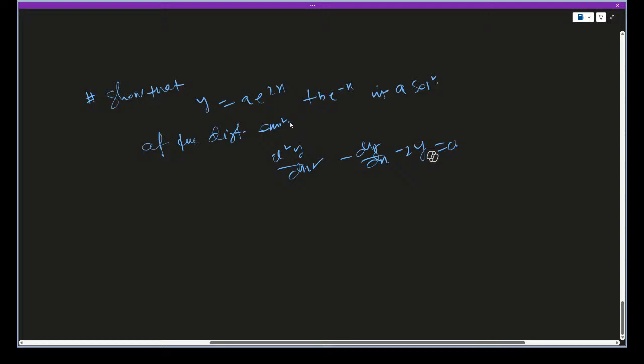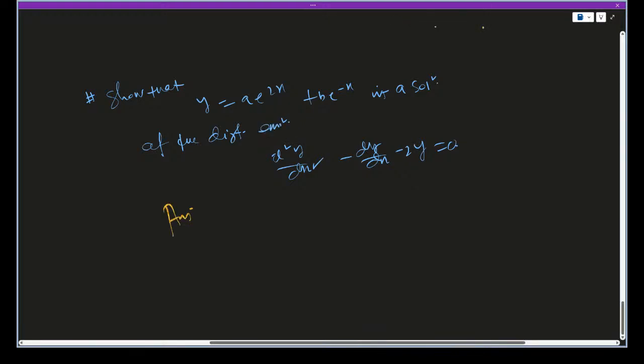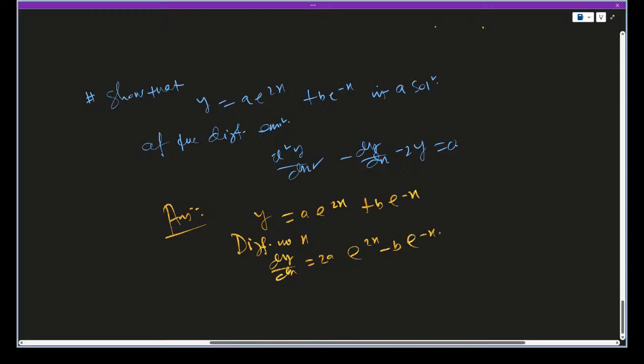How to proceed, I show you in one sum. Y equal to, just differentiating. We have differentiated, we can substitute there, but we will do after finding the second order.